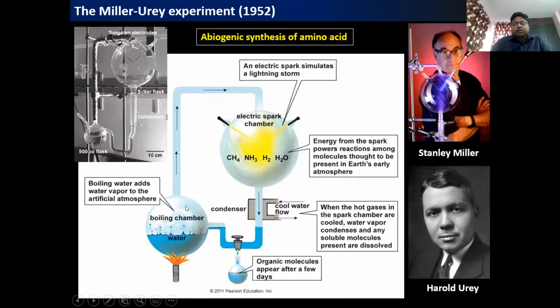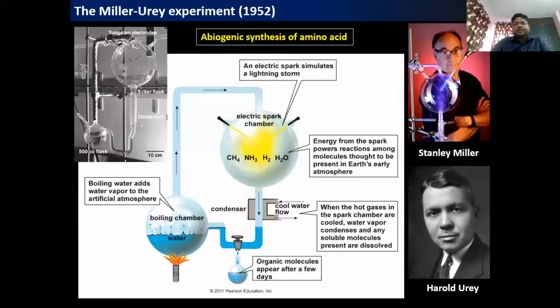Now, based on these two theories, in 1952, came one of the famous experiments, called the Miller-Urey experiment. Professor Harold Urey was the professor and Stanley Miller was his PhD student. So they did one experiment. In a chamber, they put all the gases that were earlier hypothesized for the primordial soup.